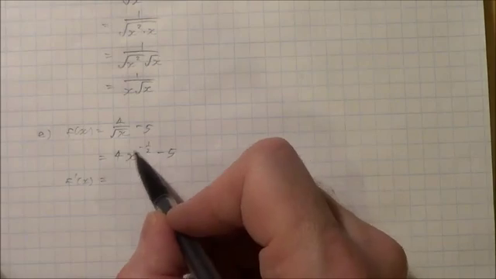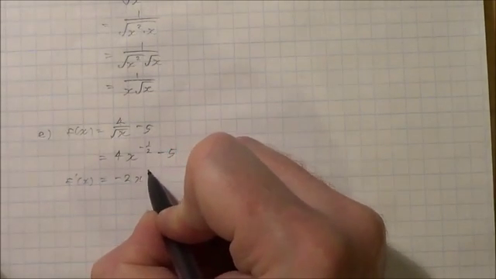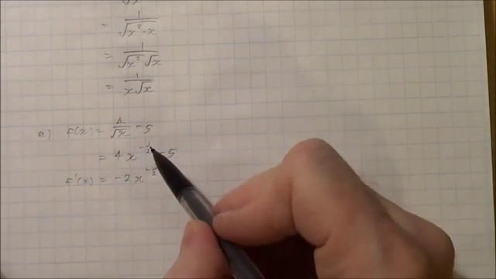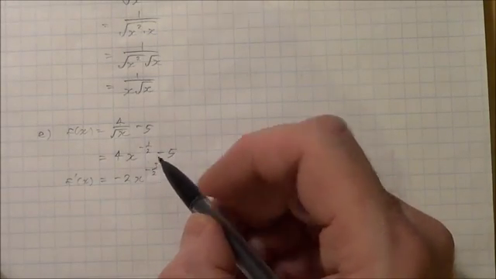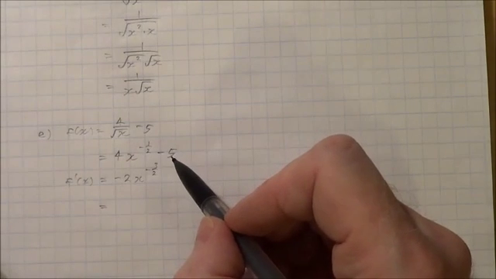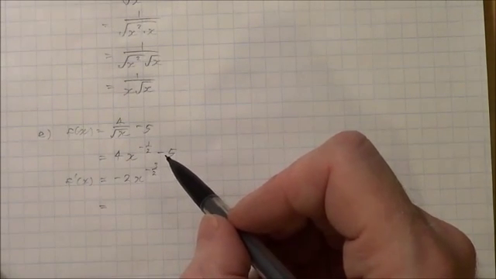So 4 times negative 1/2 gives me negative 2x to the negative 3/2, because I subtract 1 from that exponent, and the derivative of negative 5 is just 0, because the gradient of a constant or a horizontal line is going to be 0.